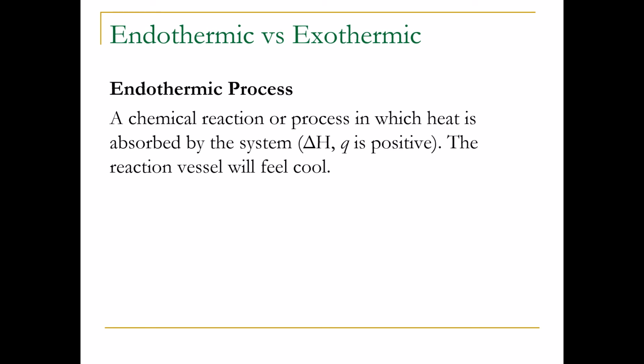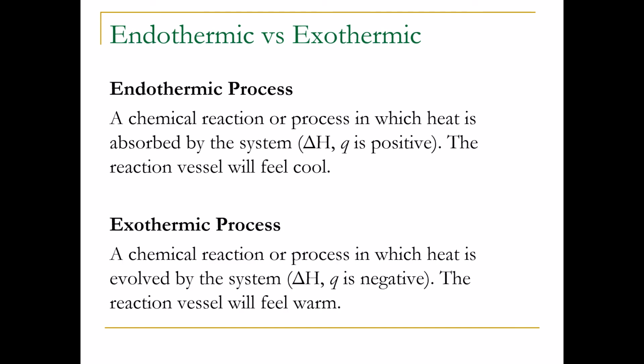It's going into the system. Exothermic is the opposite. If we have an exothermic reaction, heat is leaving the system. As it leaves the system, it goes into the surroundings, so our surroundings heat up and increase in temperature. So our negative Q, heat is leaving, gives us a negative delta H, exothermic reaction, and the reaction vessel, the beaker, the test tube is going to feel warmer because the surroundings are going to heat up.